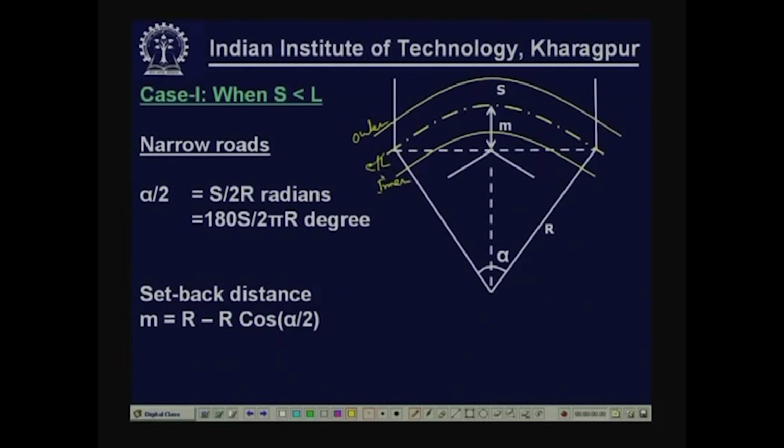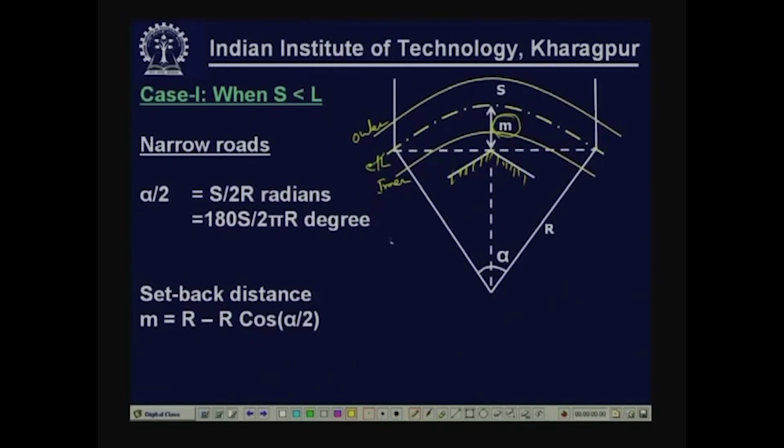So the setback distance is the distance from the center line of the road up to the building or any obstruction. So m is the distance we are trying to calculate.